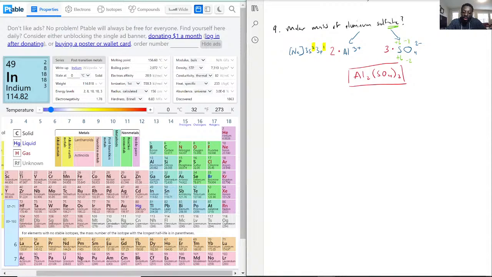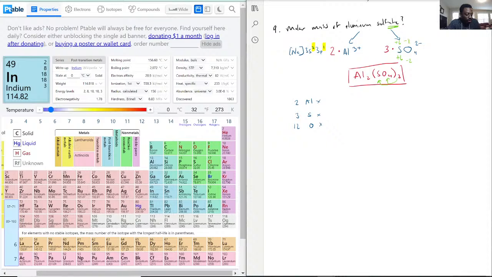So it's back to getting the constituents. So it's 2 aluminum, and then we want to apply the 3 to every part in there. So that's going to be 3 sulfur, and now it's 4 times 3, which is 12 oxygen. So that's going to be quite a big molecule.